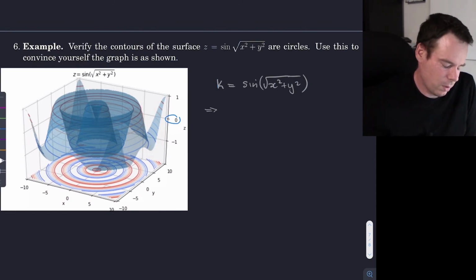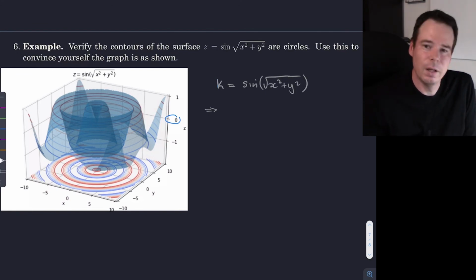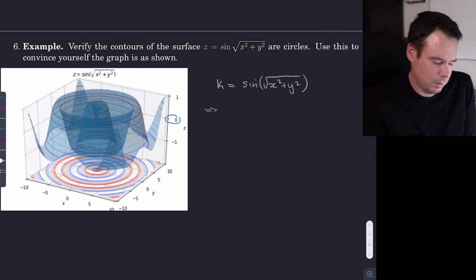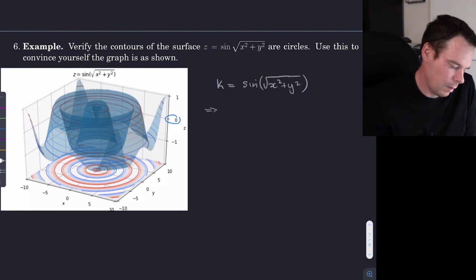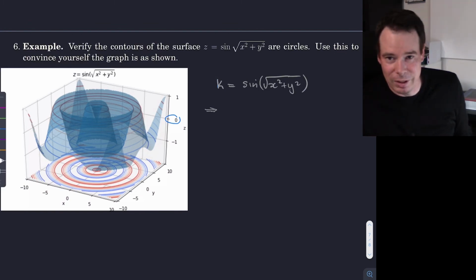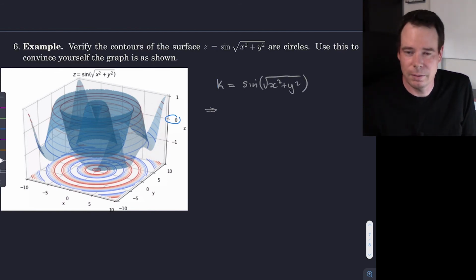So I'm looking for the value of this angle, the square root of x squared plus y squared, the thing I'm putting into the argument for sine. I want to know what value that has to be so that sine of it is k. Now this takes a little bit of thought. Ideally, we'd like to just say, oh, well, that means square root of x squared plus y squared is arc sine of k.